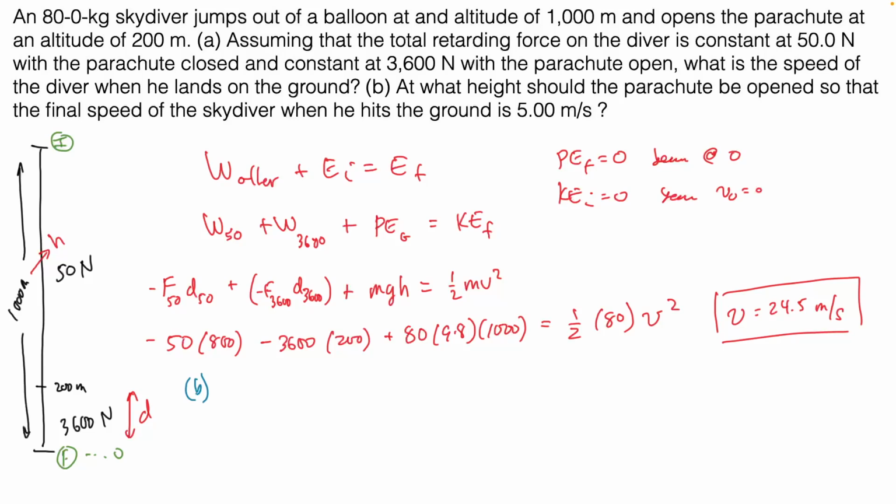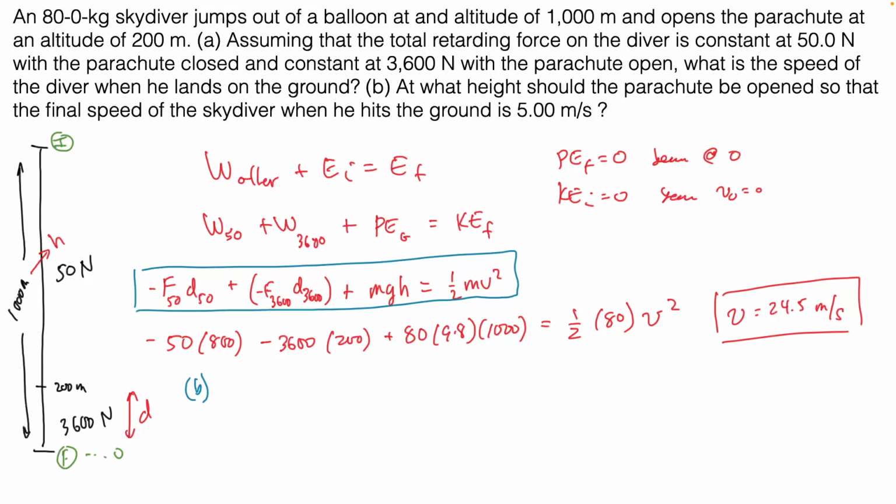We know the final velocity, so we're not solving for v, right? But can we recycle this thing right here? Would the analysis for the problem stay exactly the same up to that point? Have we changed the work in the problem? Have we changed the height that they're leaving the airplane? None of that's changed, right?